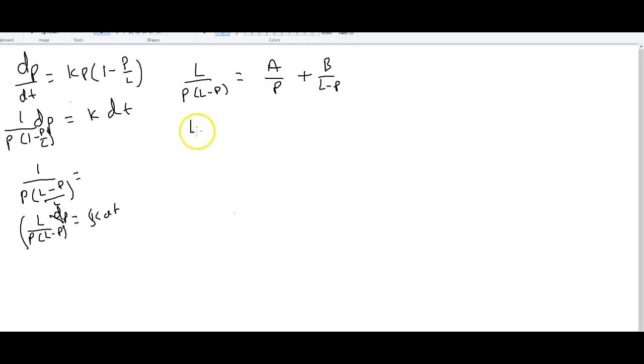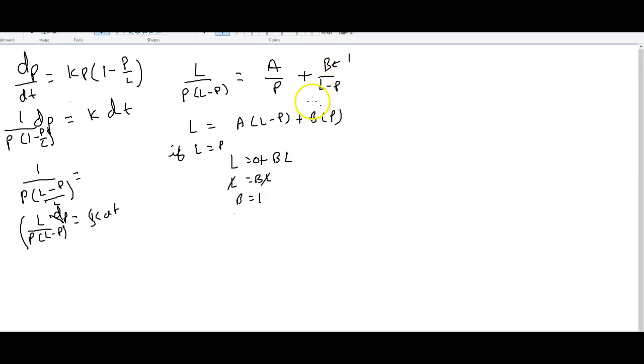And so then I go L equals A times (L minus P) plus B times P. Then I say if L equals P, to cancel this first one, I would get L equals, this first part becomes 0, and I get plus B times, since P is L, it would be L. So I get 0 plus that, and then obviously this becomes L equals BL, and then the L's cancel out and I get B equals 1. So this up here is 1.